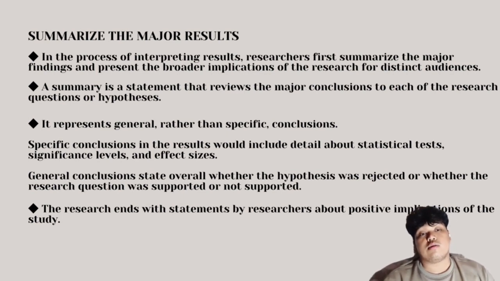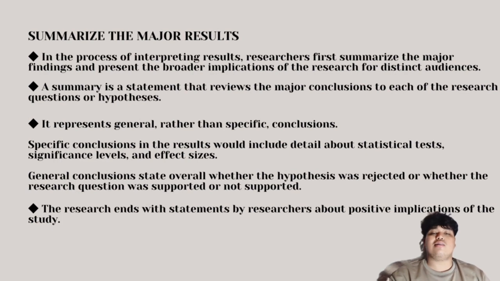Summarizing major findings. In the process of interpreting results, researchers first summarize the major findings and present the broader implications of the research for distinct audiences. They review the main conclusions related to each research question or hypothesis, focusing on general rather than specific conclusions.